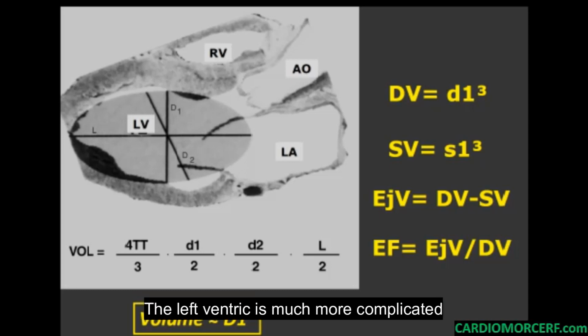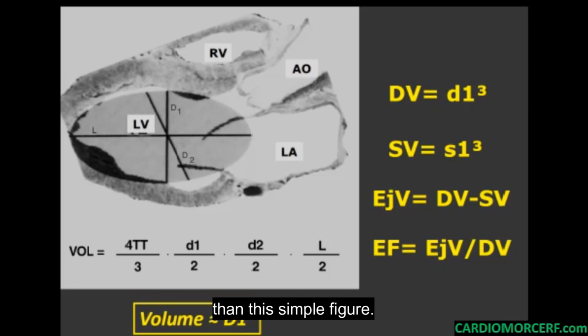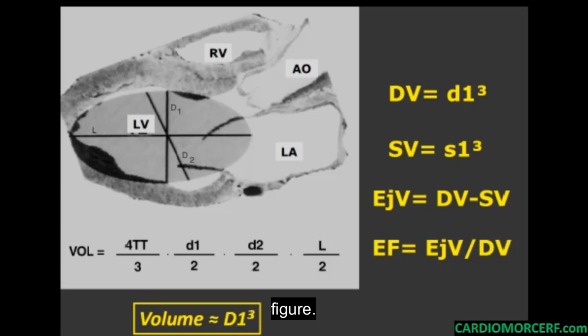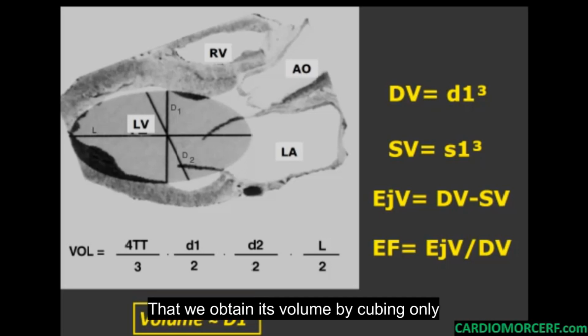The left ventricle is much more complicated than this simple figure. How can one believe that for a complex cavity like this, the volume can be known by a single measurement of its cube diameter? Let me ask you, which is the real geometric figure whose volume we obtain by cubing only one measure of its size?